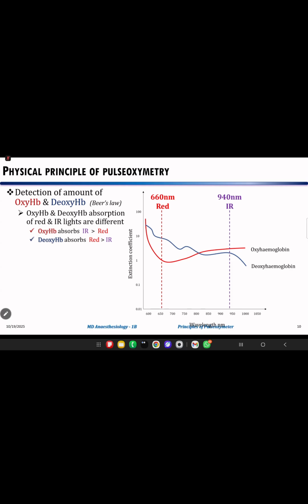So the absorption of red light is less in oxyhemoglobin. You can remember it like this, and for deoxyhemoglobin it's the other way around. If at any point you are asked to draw this graph, you can draw it in a very rough way, but you can use that method to remember it. Okay.